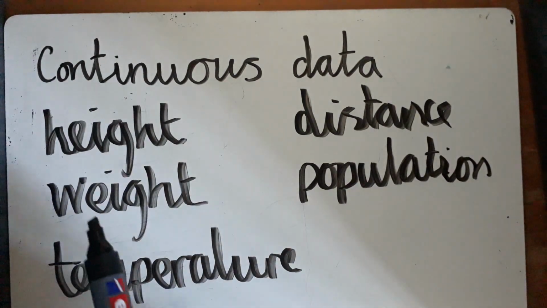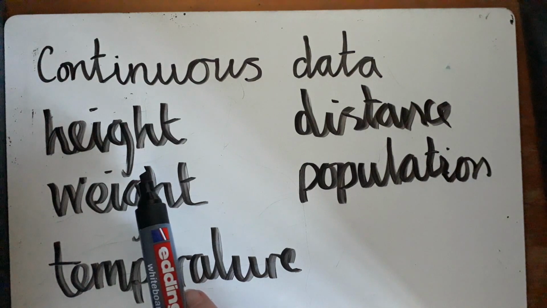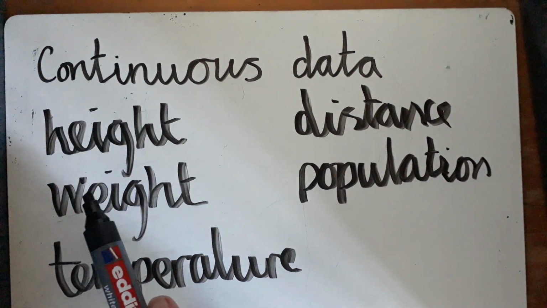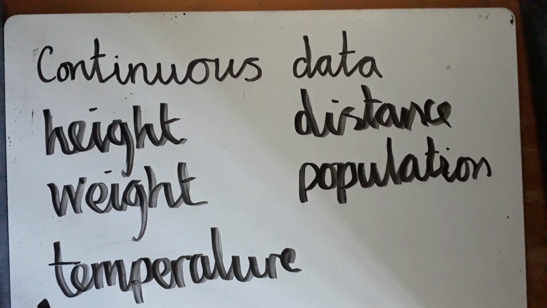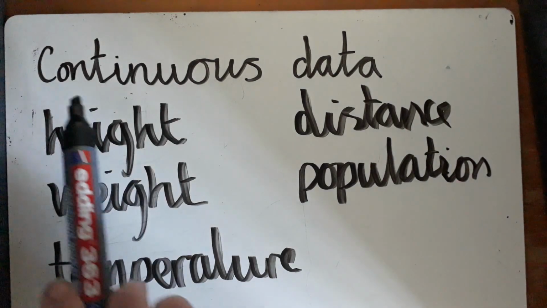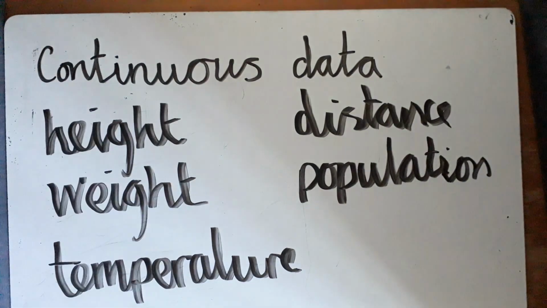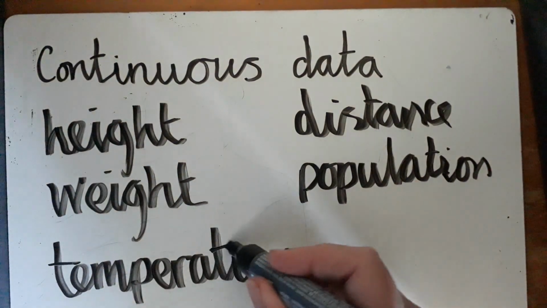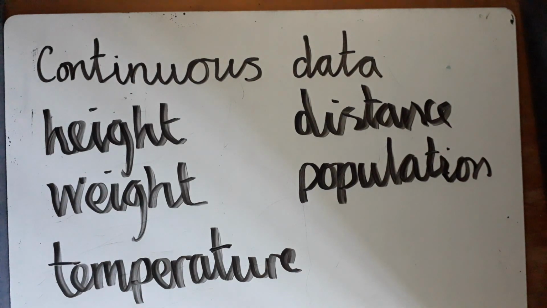These things change and you can track them and plot them on a line graph because they're changing all the time, and that's why we use a line graph to show continuous data.